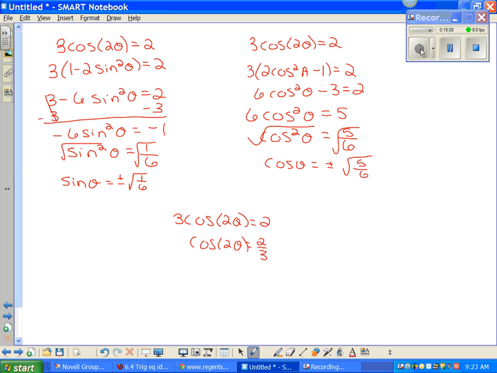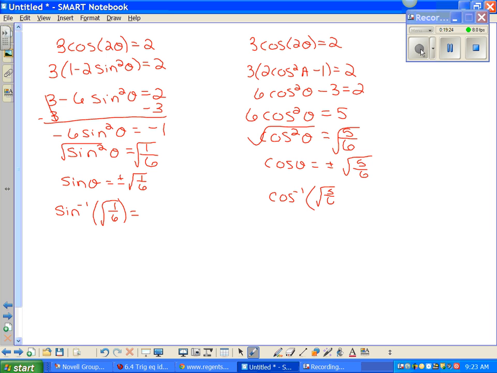Okay. How do I get the angle? I take the inverse. Good. To get the angle, I take the inverse. So I'm going to do sine inverse of the square root of 1/6, or cosine inverse of the square root of 5/6. Please do it and tell me what you get. To the nearest tenth.